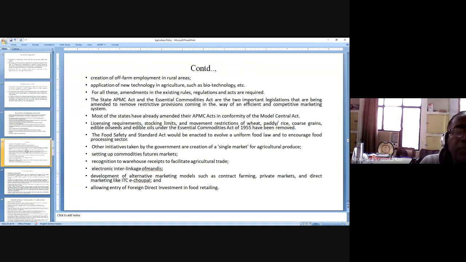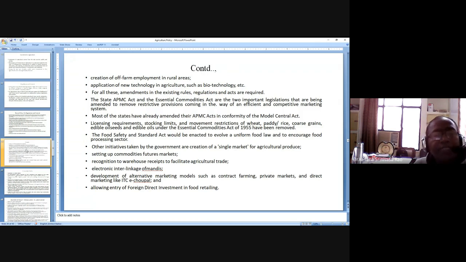Okay, in this way, the government has started a lot of remedial measures. Licensing requirements, stocking limits, and movement restrictions on wheat, paddy, rice, coarse grains, edible oil seeds, edible oils, and other essential commodities have been removed.